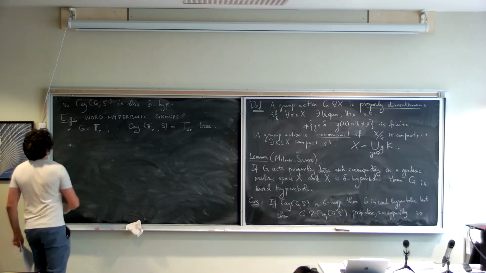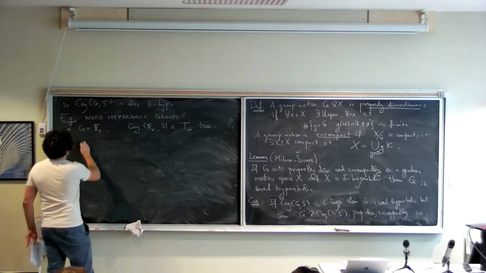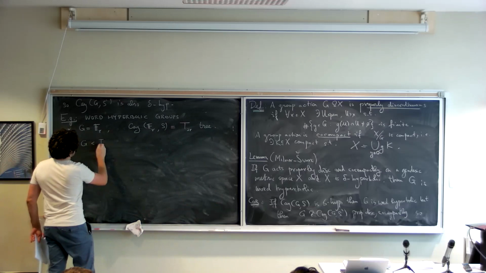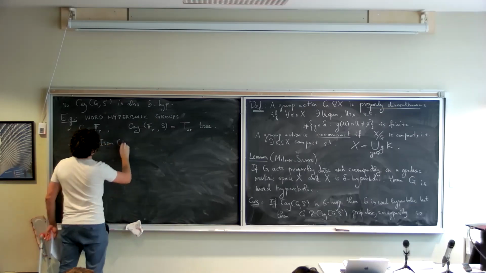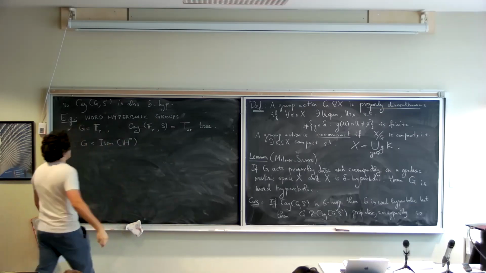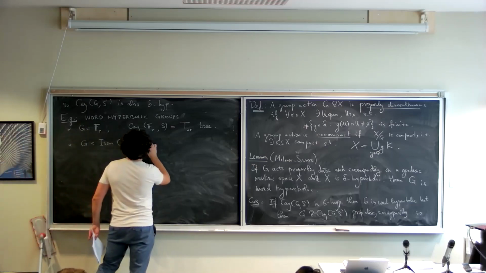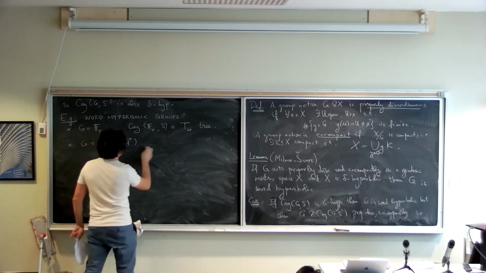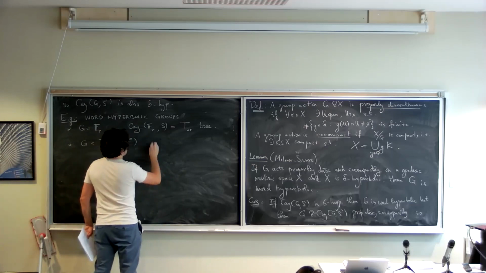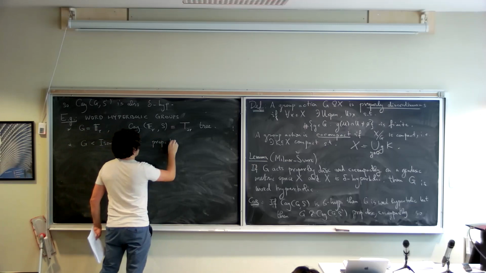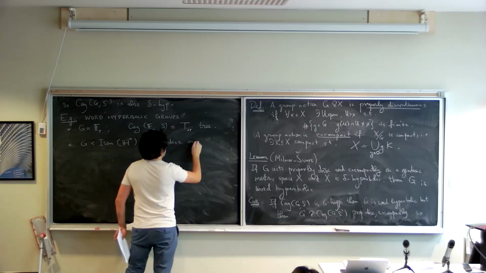The other case, which we care a lot about, is if G is a subgroup of the group of isometries of n-dimensional hyperbolic space, and again this action is properly discontinuous and co-compact.